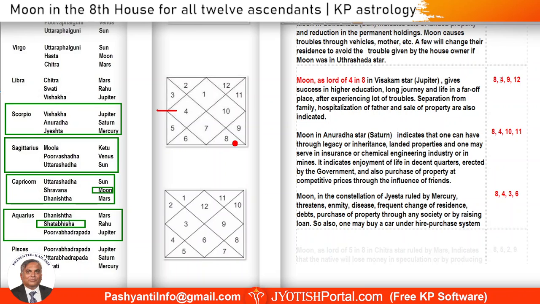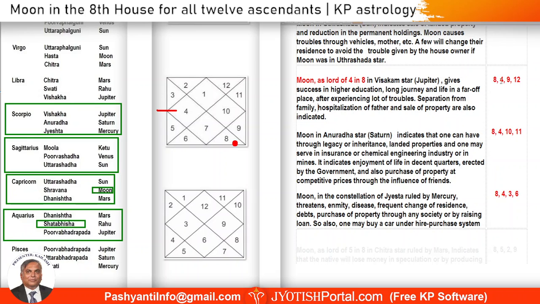You will always find that whenever 4, 9 is there, then there is success in higher education. And apart from that, the 9, 12 usually indicates a life in a far off place. Again, this is mentioned after experiencing a lot of trouble because of the eighth house. And then, of course, the separation from family is more like a logical conclusion. And then he says hospitalization of father and sale of property.